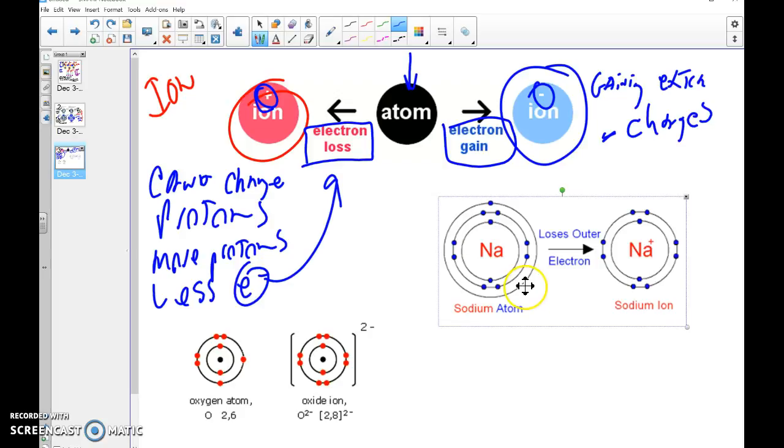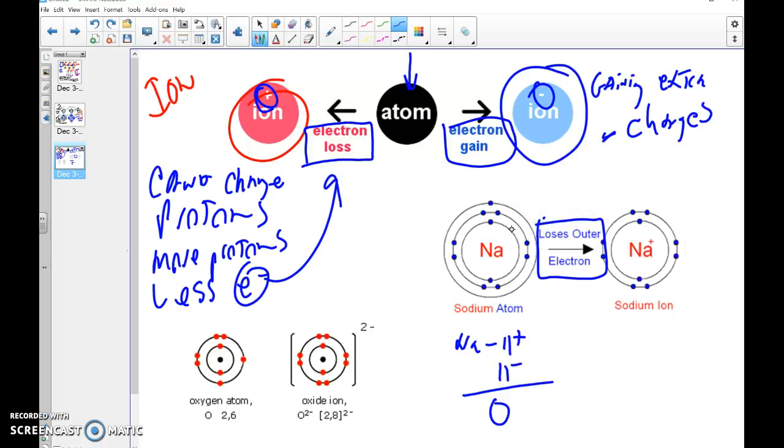So take a look over here, right? So sodium has an atomic number of 11, which means it has 11 positive charges. Well, we know that elements start with the same number of electrons as they do protons. So that means that this would have 11 negative charges. Overall charge, 0. But see how this loses an outer electron? So now, sodium has 11 positive charges, because that can't change.